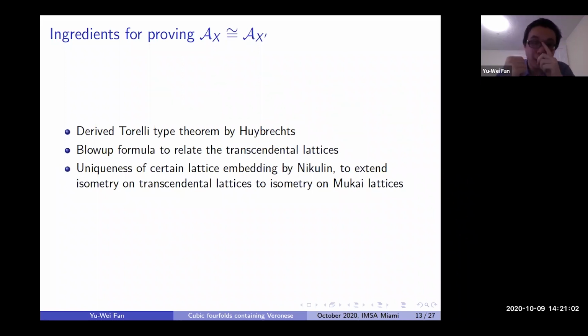Then we use the uniqueness of certain lattice embeddings theorem by Nikulin. That allows us to extend the isometry on the transcendental lattice to an isometry on the Mukai lattice, and then applying derived Torelli, we get the equivalence of K3 categories. So those are the ingredients.